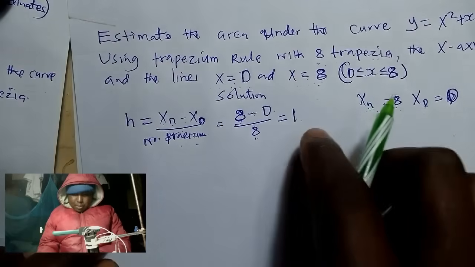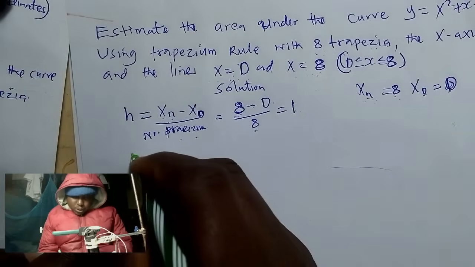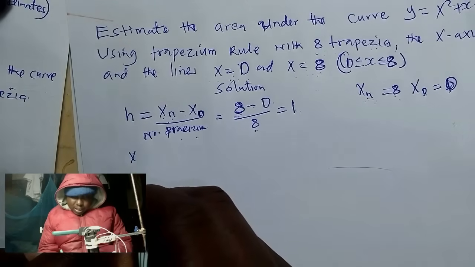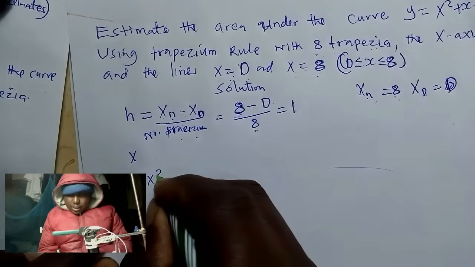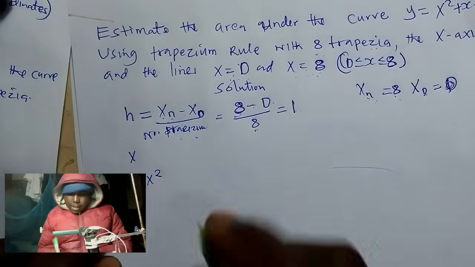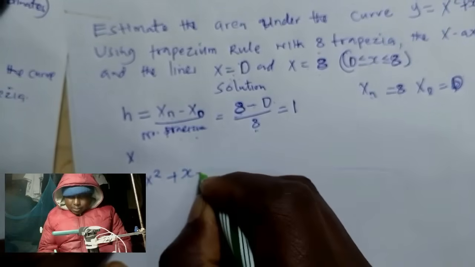Why is this important? It is important when we are going to draw the table. So we draw the table of x and y. What is y? y is equal to x square plus x minus 6.